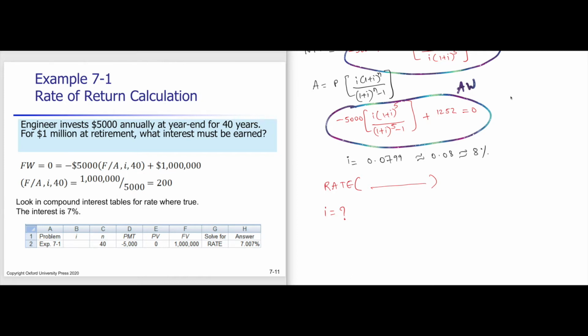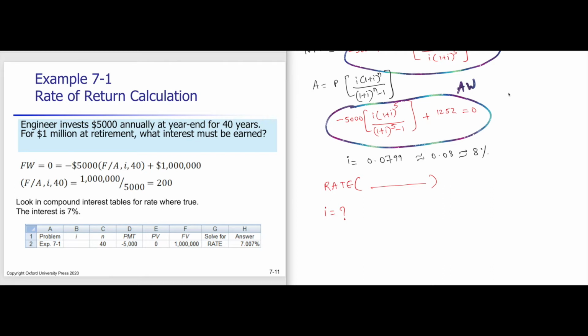For example, this is example 7.1. Let's look at example 7.1. An engineer invests 5,000 at the end of every year for a 40-year career. If the engineer wants 1 million in savings at retirement, what interest rate must the investment earn?